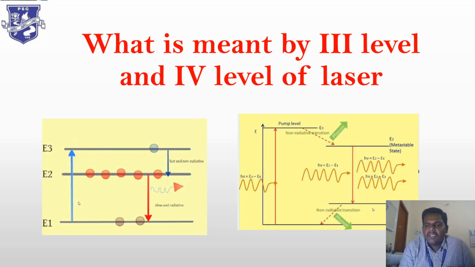Mostly the atoms are pumped from the ground state to the excited state by absorbing energy in the form of optical energy, electrical sources, or arc lamps, and they move from E1 to E3. We know that the lifespan of atoms or electrons at the excited state is very, very short.